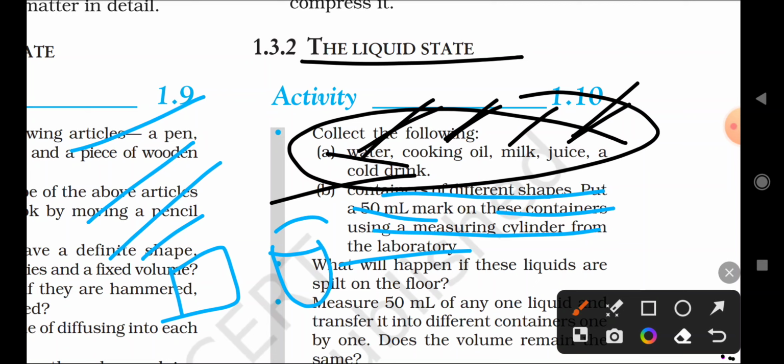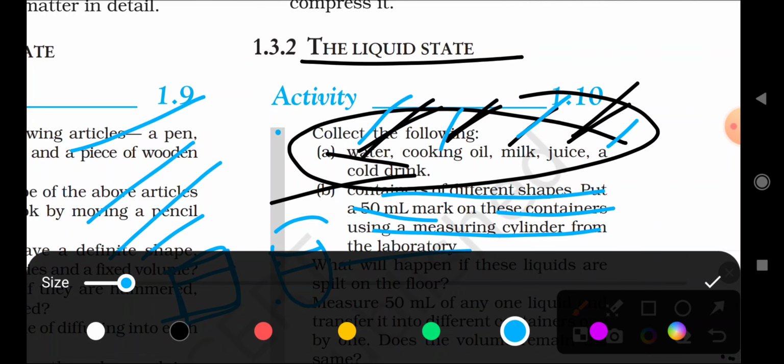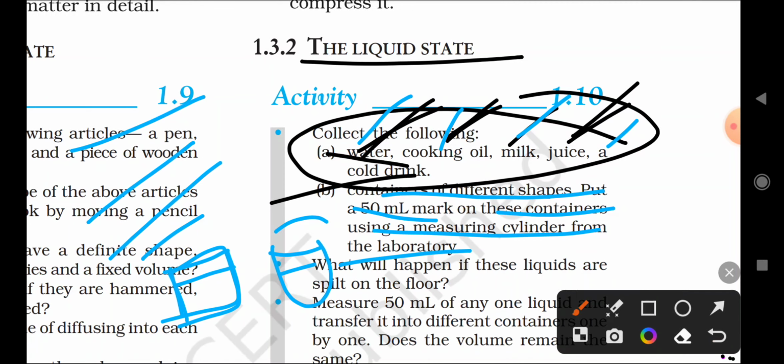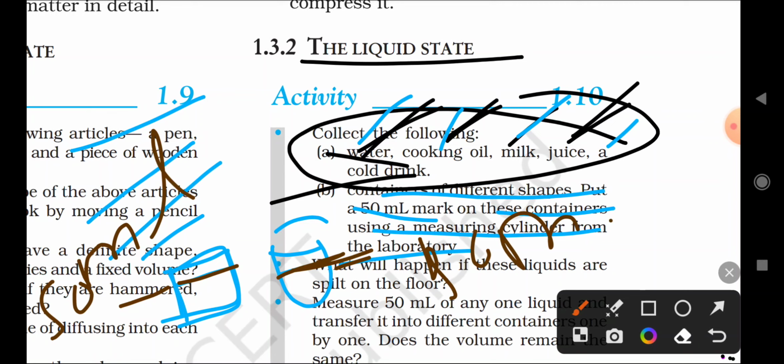A variety of containers we can take, and in them you mark 50 ml. So these are the beakers. On these beakers or containers you can mark up to 50 ml, and that much of all types of liquids you can add in all types of containers.